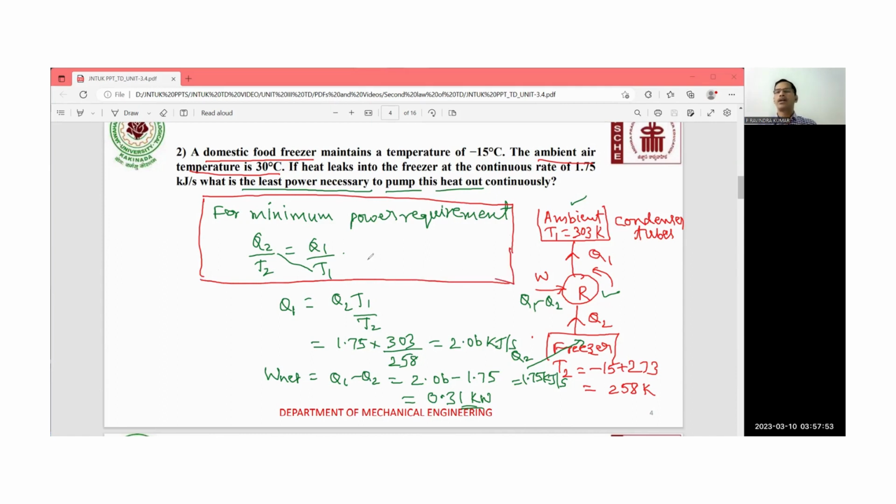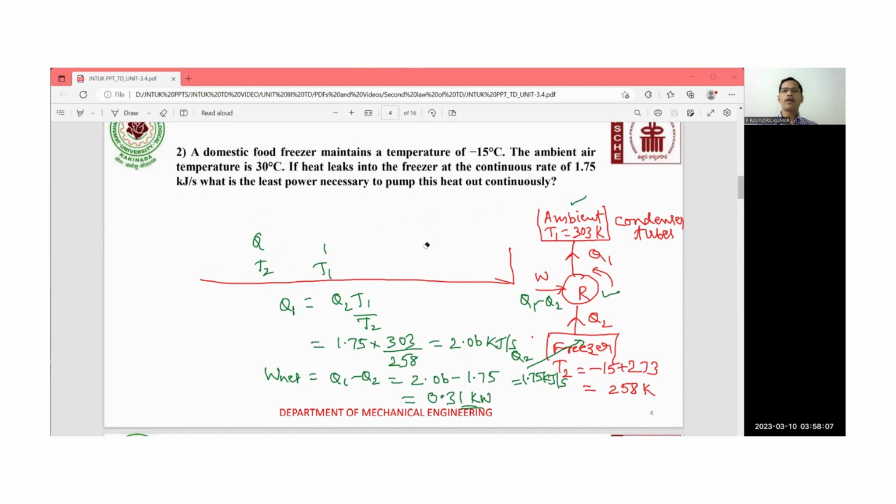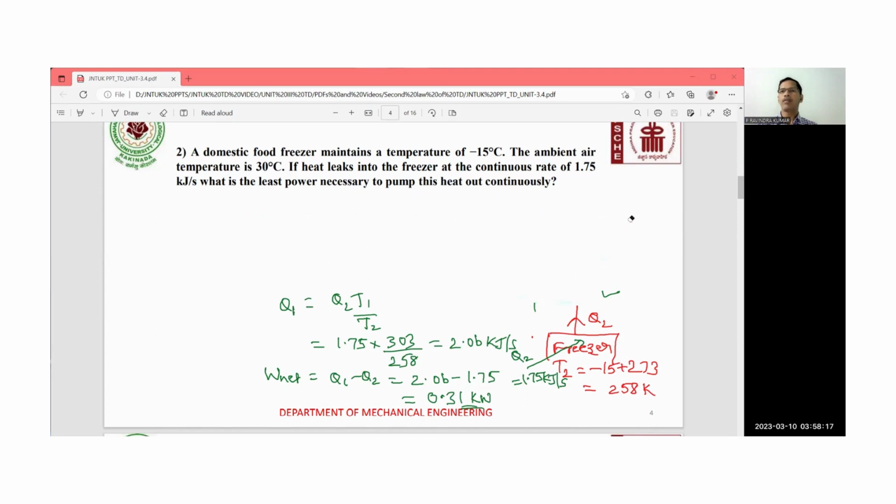Every student has to remember this point. So this is one type of it, and observe day-to-day life, how mechanical systems are interacting with the environment.